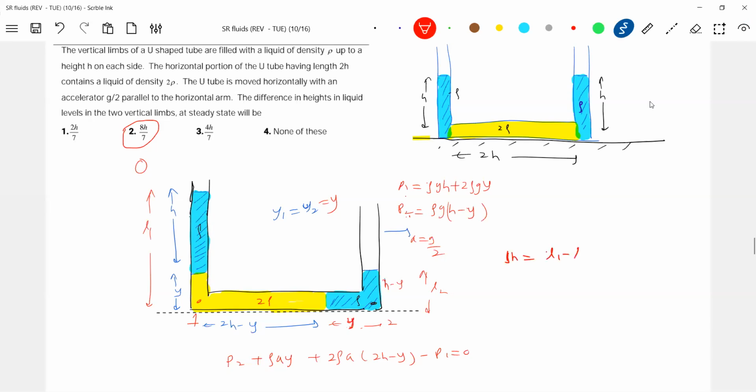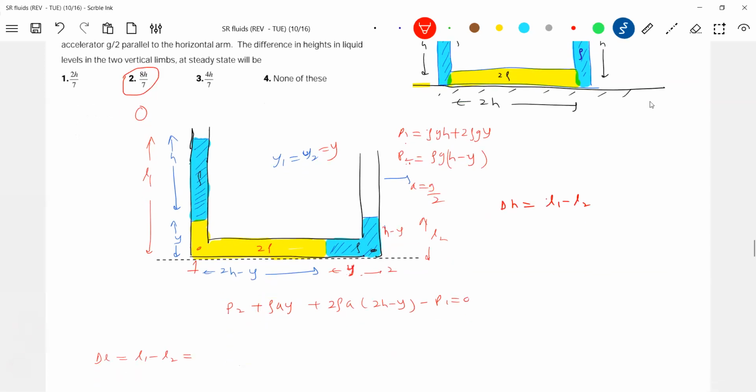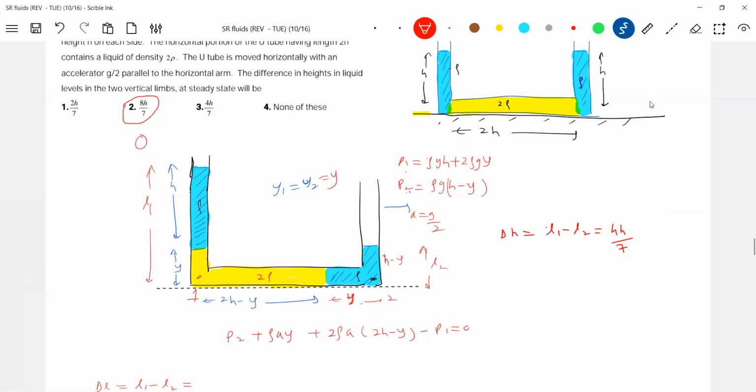Delta L, L1 minus L2. The value of y is 4h by 7, so delta h will be 8h by 7.